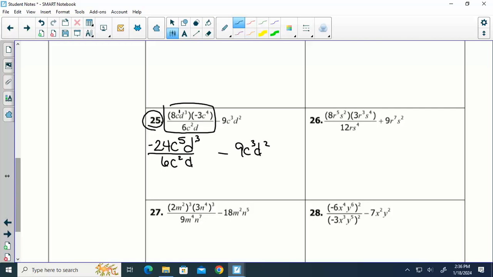We're looking at this, negative, divide. Negative 24 divided by 6. C to the, d to the. What do you notice about these? They're the same. So we can subtract. Negative 4 minus 9 is negative 13.